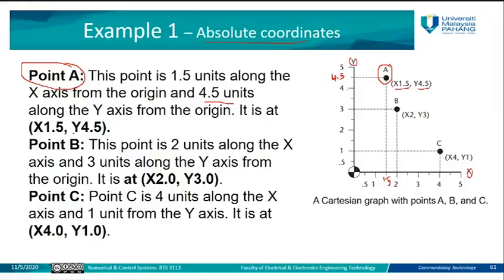Then I go to the next point, which is point P. This value here later on will be used to write the program of movement inside the machine. Okay, so when you write the program, you are going to see it like this: x 1.5, y 4.5, because it's already positive, so no need to indicate the positive sign.